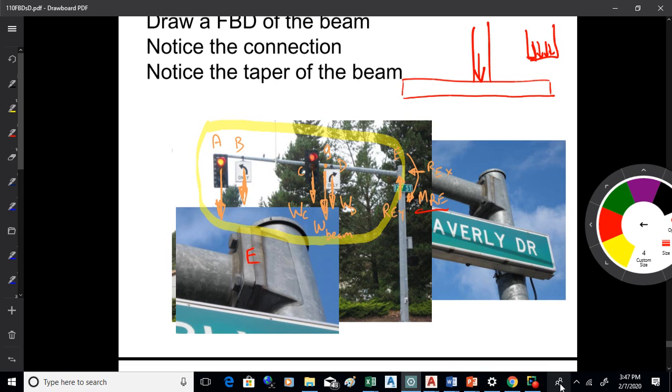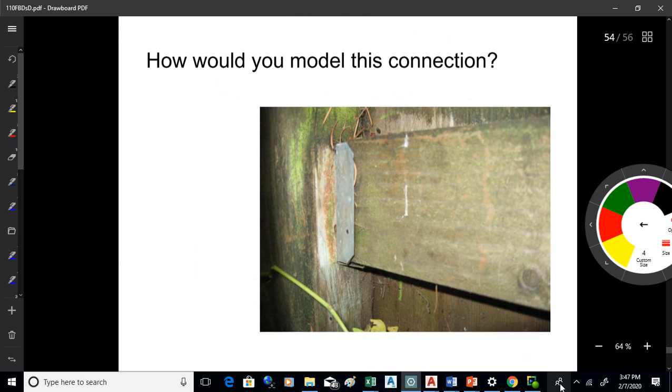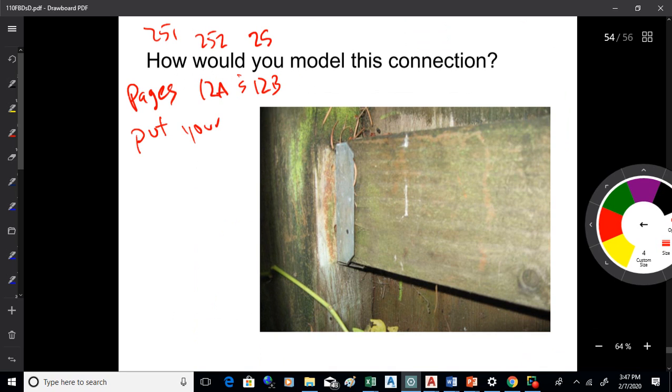So it's 2 pages, 12A and B. We're doing 251, 252, 253, 254, 255. You can just pull those and put your work on those pages.